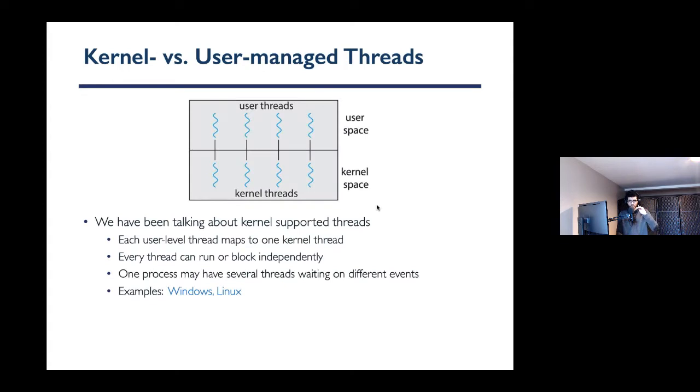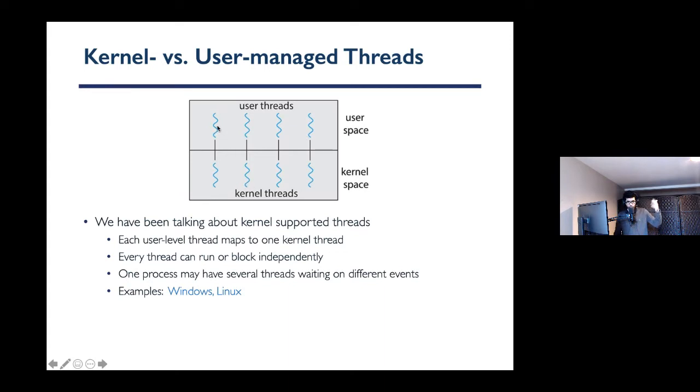Now, I'm going to use all of that information to set the stage for an alternative way of managing user level threads. This one is basically what we have talked about so far. On top of this picture, I have user threads, and in the bottom half, we have kernel support or kernel threads.